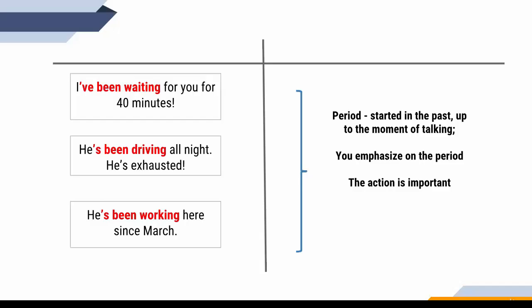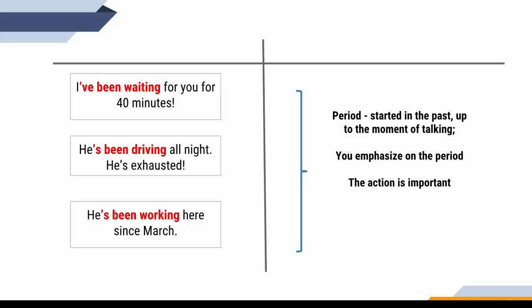Imagine the first situation. The person is coming and the other one is saying, I've been waiting for you for 40 minutes so far. So, progress, something started in the past, continuing to the present. When you use present perfect continuous, here the period is important.